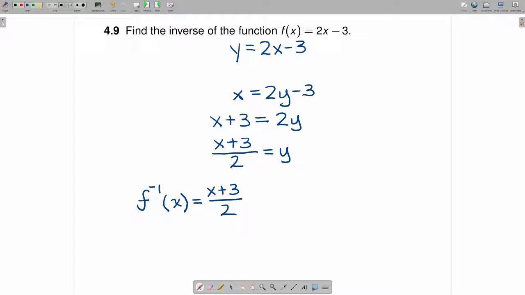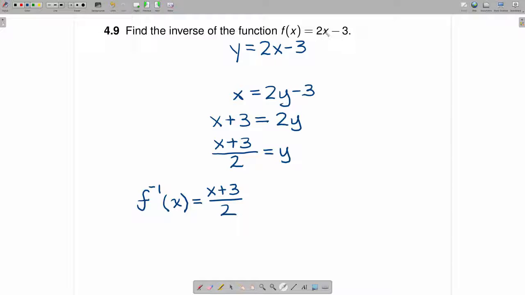Now, a function and its inverse, in some sense, undo one another. So if you want to work with this a little bit, pick a number x to plug into this function. Let's say 5. So when you take 5 and plug it into this function, you get 2 times 5, which is 10, and 10 minus 3 is 7.